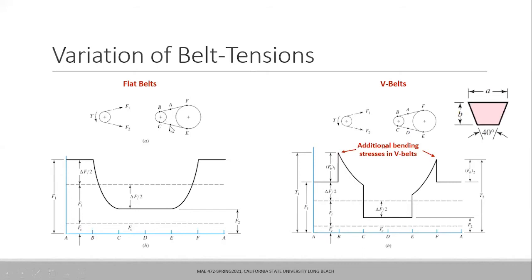But if I look at point D, the force is smaller, equal to F2. If I calculate the stress at that point, which is F2 divided by the cross section of the belt, that stress will be smaller in magnitude. So I can calculate stresses at every different point in this belt segment.